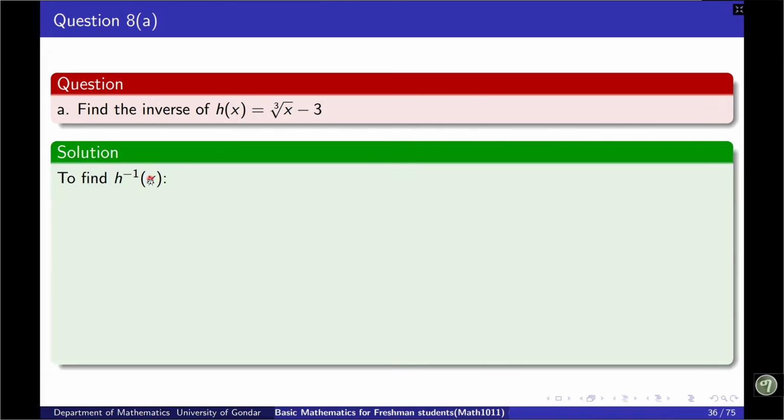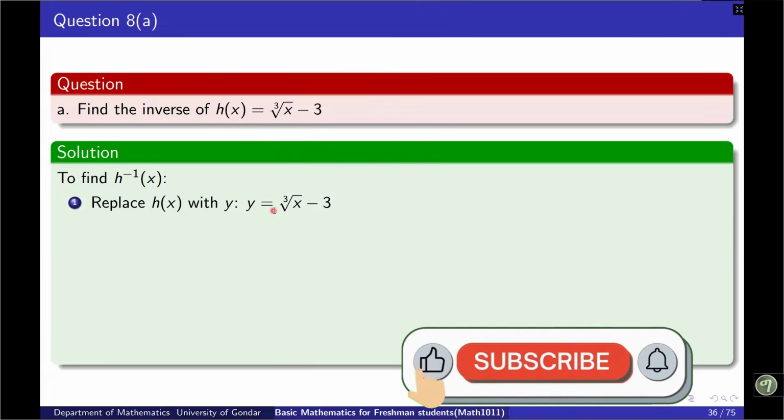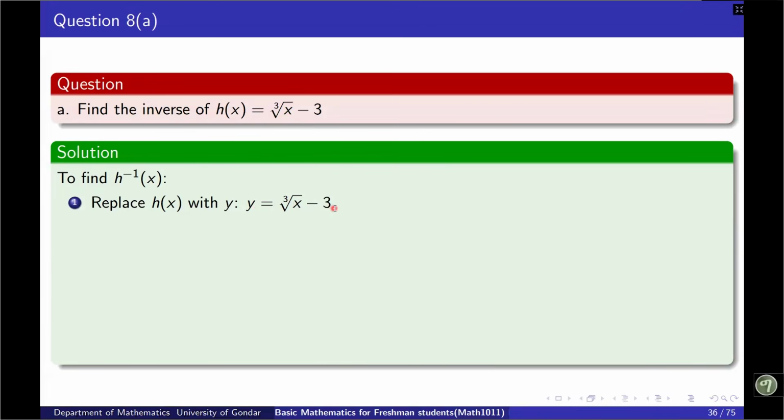In order to find the inverse of the given function, we have usual steps, around 3 or 4 steps. The first step is letting h of x, or simply the image of an arbitrary element x within the domain of this function, be y, so that y is equal to the cube root of x minus 3.